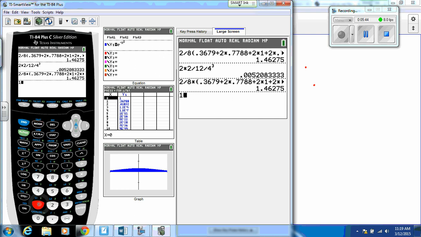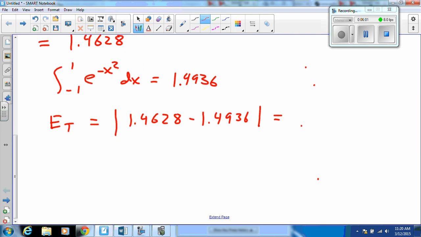So I can actually do 1.4628 minus the answer, and it will compute for me. Now I need to throw away the negative sign here, so I have 0.0308 as my actual error.